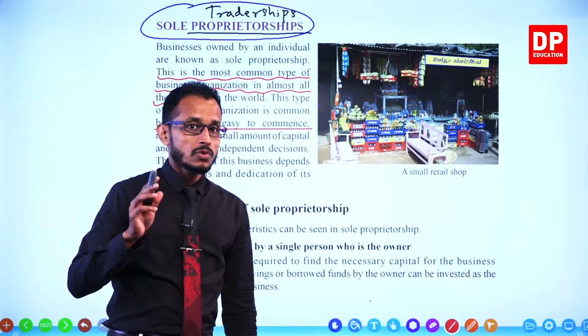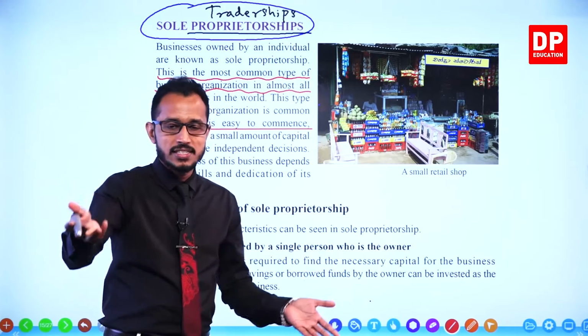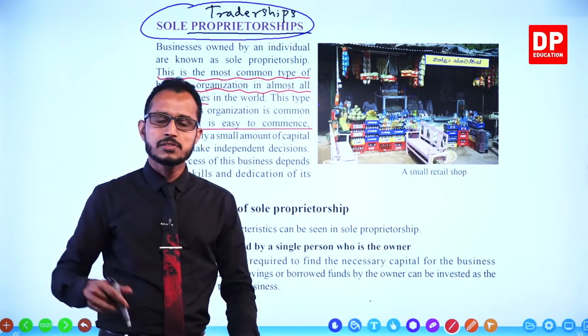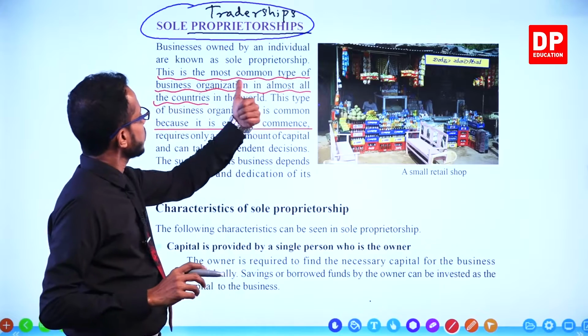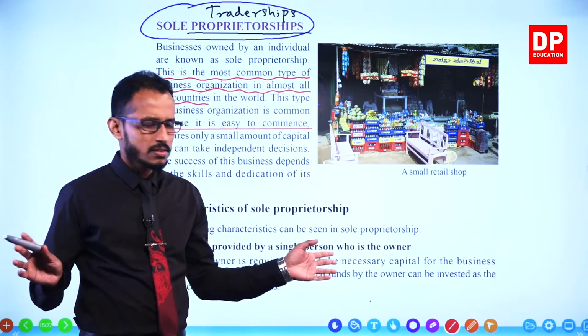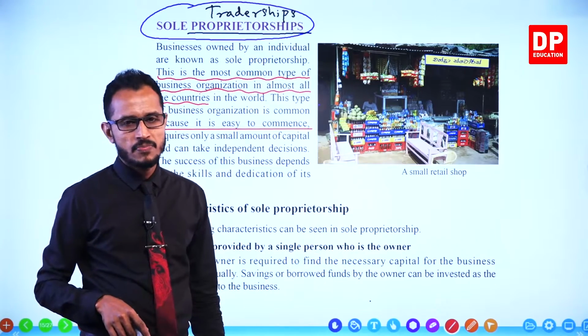Why was it so easy for him to do this king coconut business? Because he started a sole proprietorship. Not many legal barriers are there.